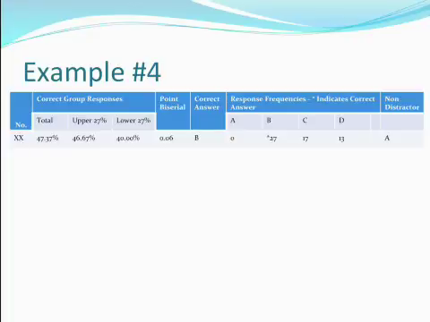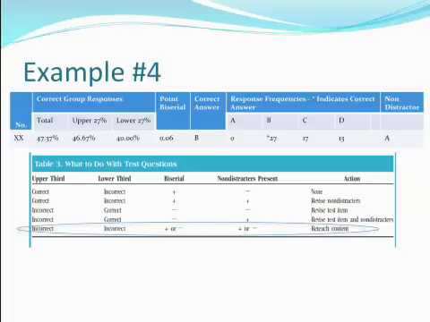So let's look at these numbers. A majority of the upper third got this incorrect, because only 46% got it correct. A majority of the lower 27% got this incorrect. We have to ask whether the point biserial is positive or negative. In this case, we have a positive.